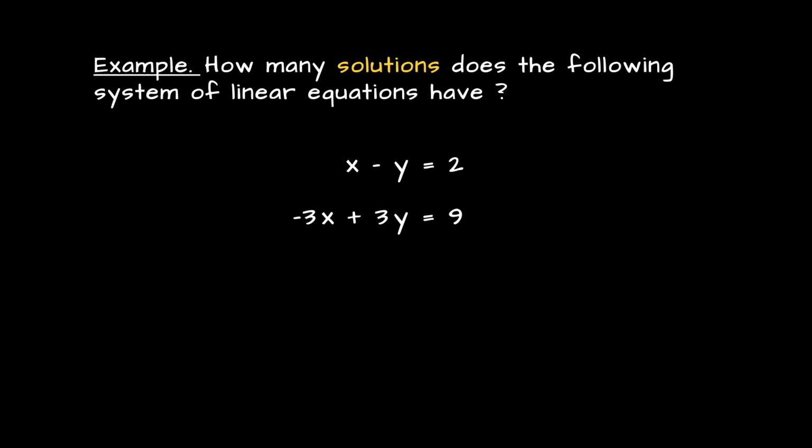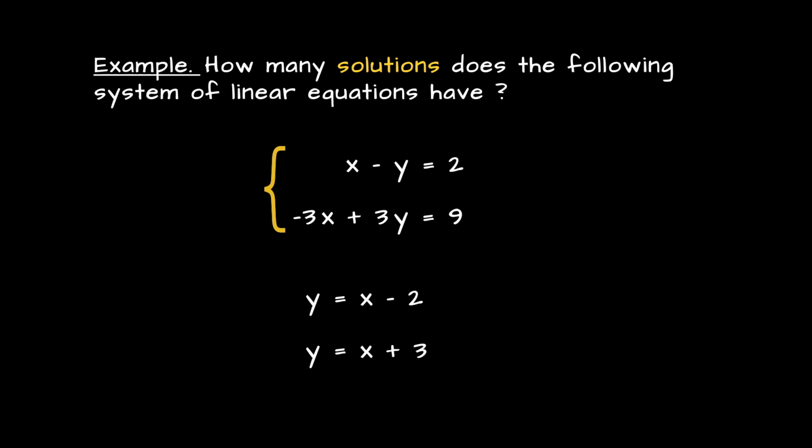It turns out that this system has no solutions, and we can see that by taking the system and rewriting each equation so that it's solved for y. That would make the first equation read y equals x minus 2, and solving the second equation for y, we would have y equals x plus 3.